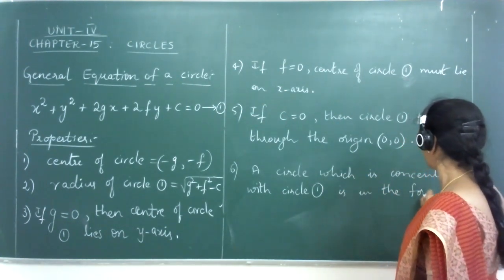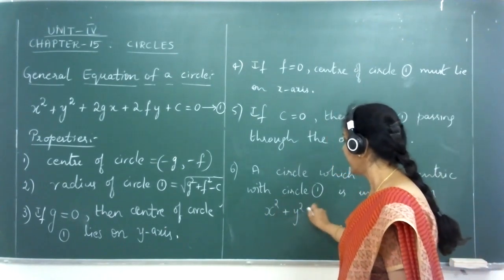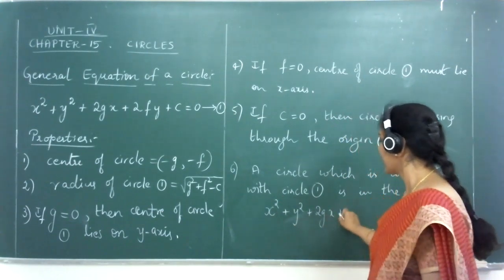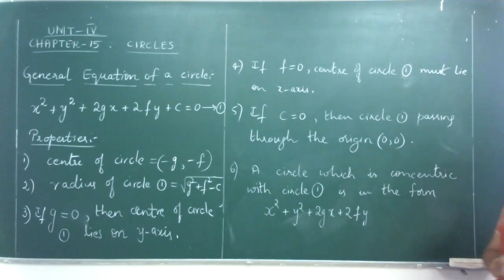What will be the form of the concentric circle? You will have the first 4 terms retained as they are: x squared plus y squared plus 2gx plus 2fy.